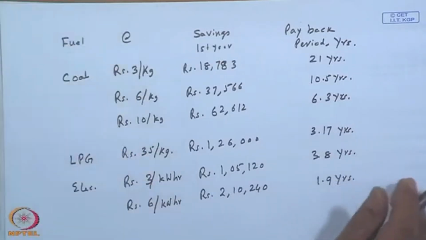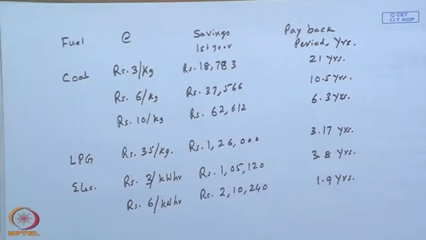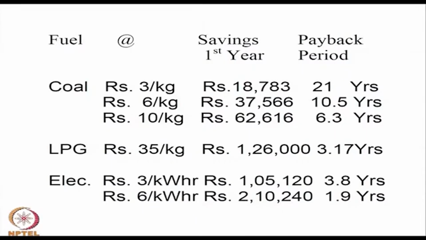The numbers, I do not say they are unimportant, but what we are trying to essentially imply is that the viability of the solar energy system will depend upon what source of energy you are comparing with, right.